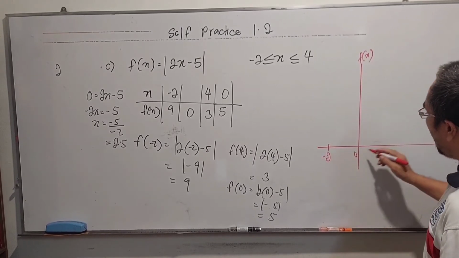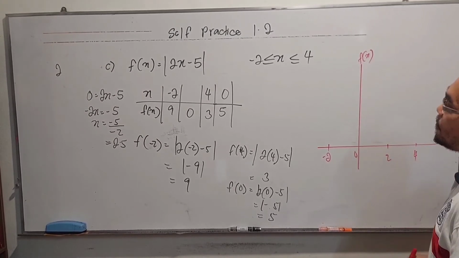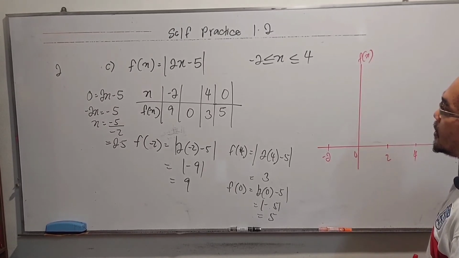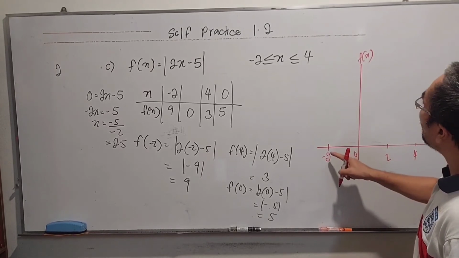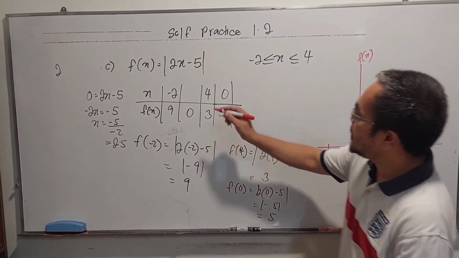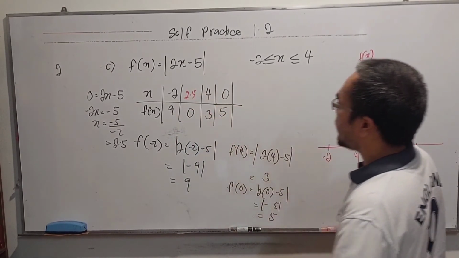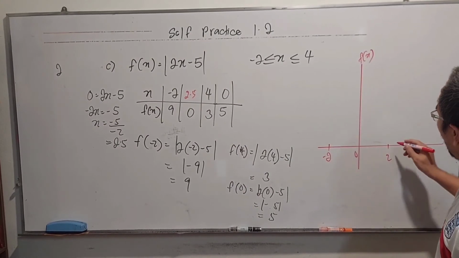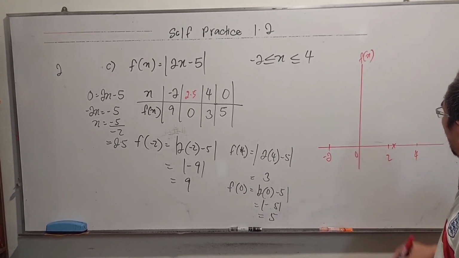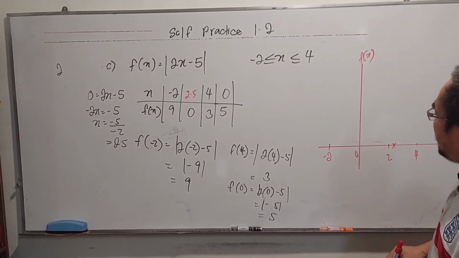You have, for example, 0, 2, and 4. And what are the points? Negative 2, 9. You have also, if this is 2.5, okay, 2.5 should be here, because 3 will be here, 2.5, estimate.